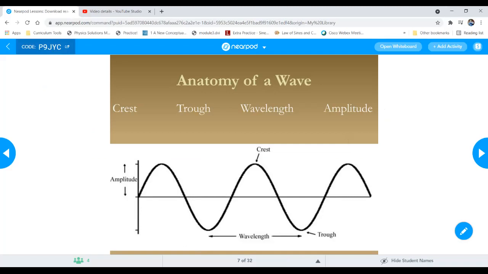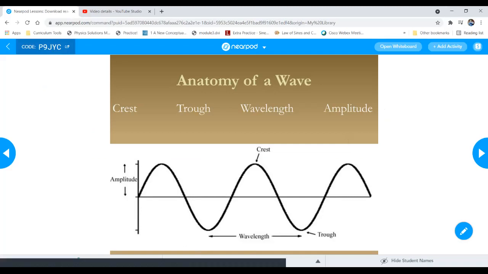Amplitude is the height of the wave from the normal. And so this line is the normal part, or you could think about it like the surface of the ocean. And amplitude is from the surface to the top, or from the surface to the trough of the wave. Either one can measure amplitude, and amplitude is simply the height. That's all that is.